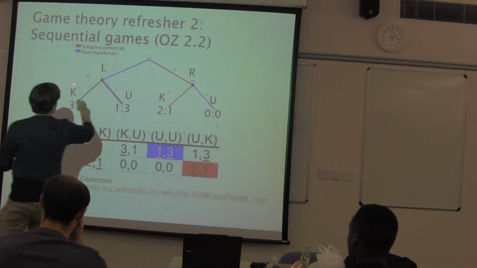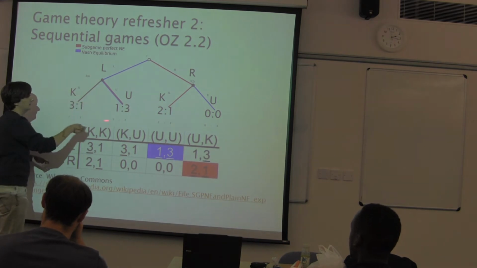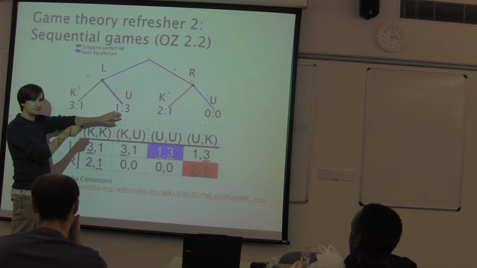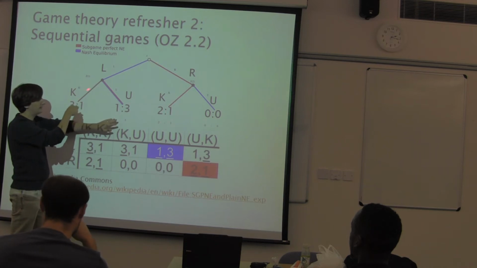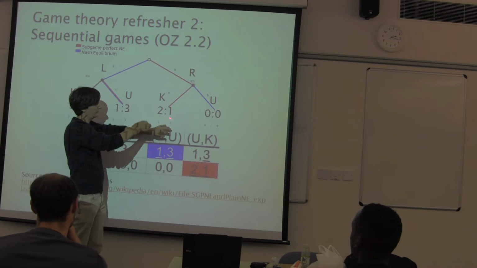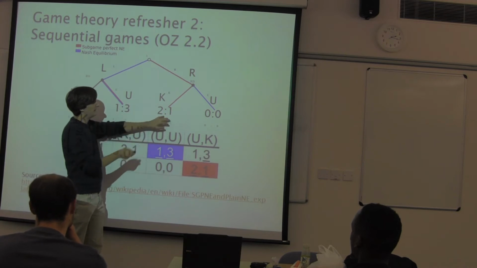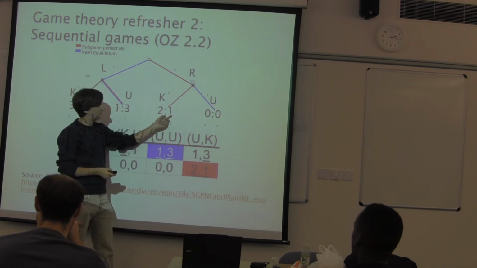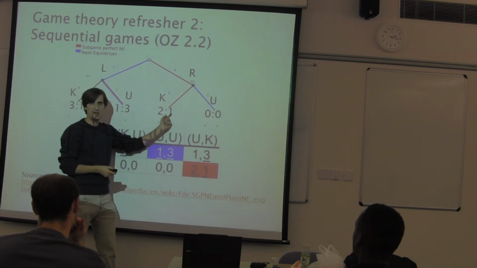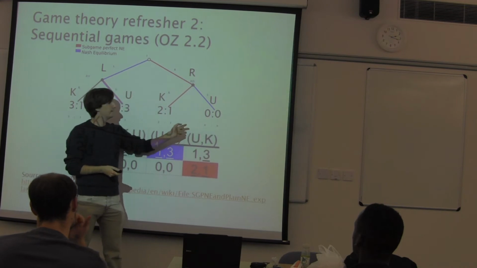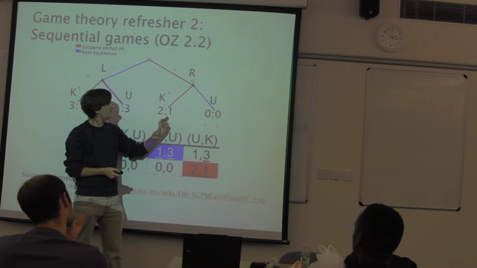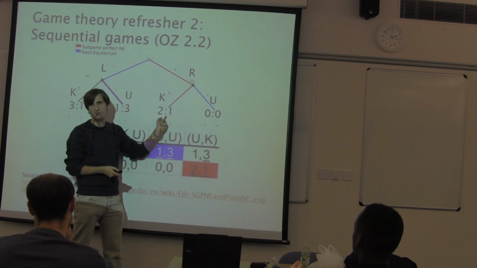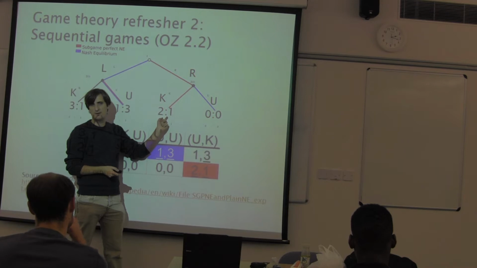You can think of this as a subgame, and in this subgame player 2 always wants to play U, that's fine. But this is also a subgame, and in this subgame player 2 strictly prefers K to U, because if they play K they get 1, and if they play U they get nothing. So in a subgame perfect Nash equilibrium, they have to be playing K in this case. That's all we're saying.